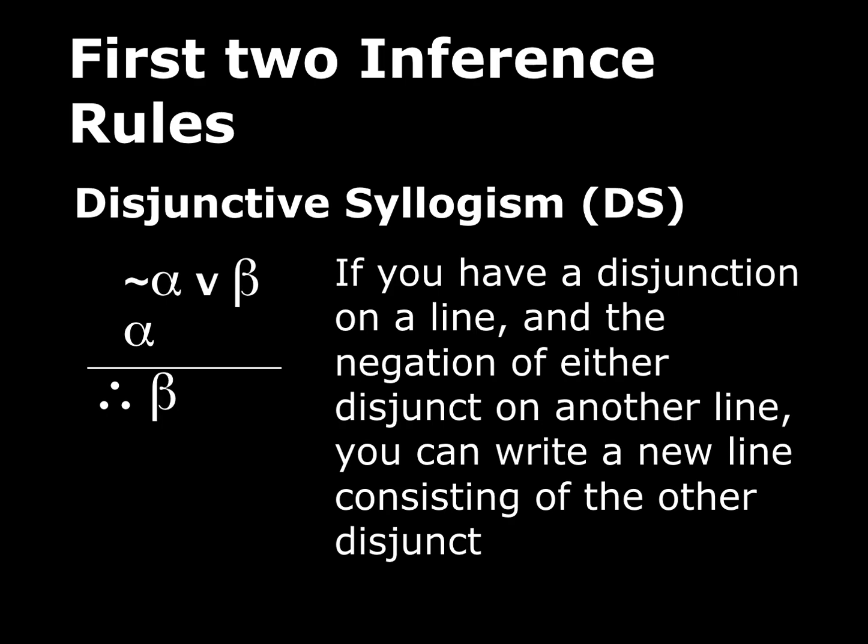Also, this is going to be important. When the rule says negation, so if I have a disjunction and I have the negation of either disjunct, I can negate a statement, or I have the negation of a statement, so long as it has either one more or one less tilde.